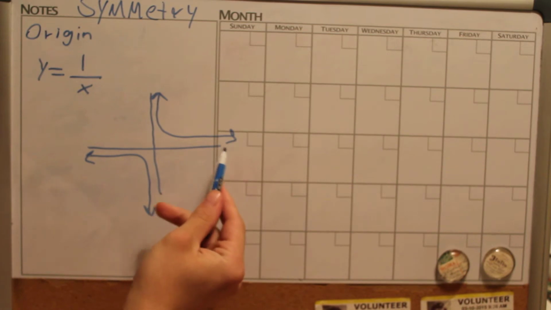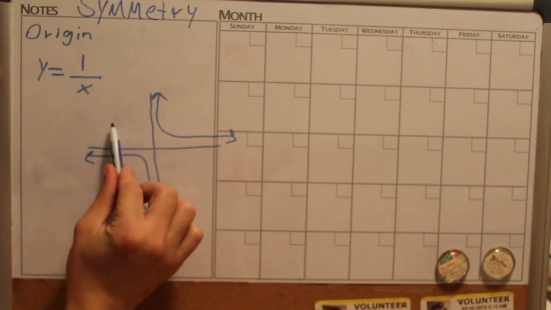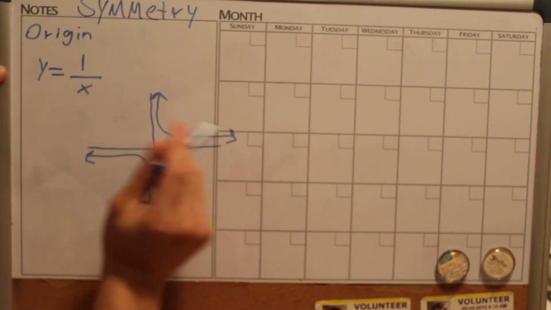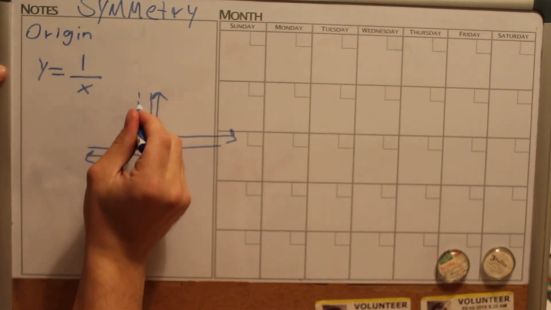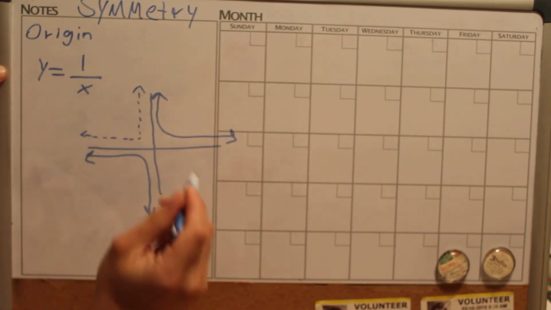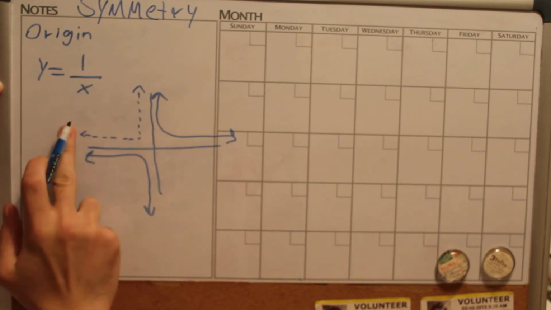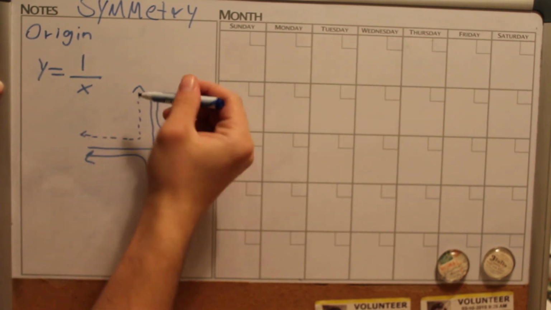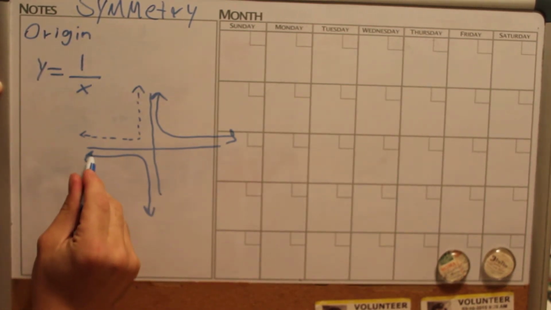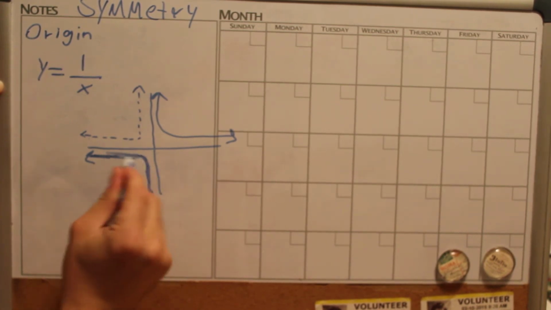Origin just means that if you fold it, the visual example is if you fold this over once and then fold it over again. So if we folded this, let's say we folded it here, I'm just going to do this dotted just to help you see what it would look like. So we folded it like this to the left one time, and now we're going to fold it down so it lines up evenly with this line right here.